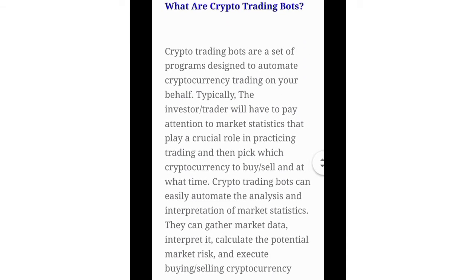Now, what are crypto trading bots? Crypto trading bots are a set of programs designed to automate cryptocurrency trading on your behalf. Typically, the investor or trader will have to pay attention to market statistics, play a crucial role in practicing the trading, and then pick which cryptocurrency to buy or sell and at what time.